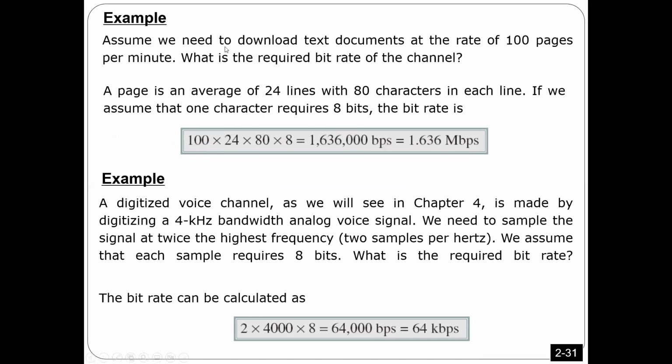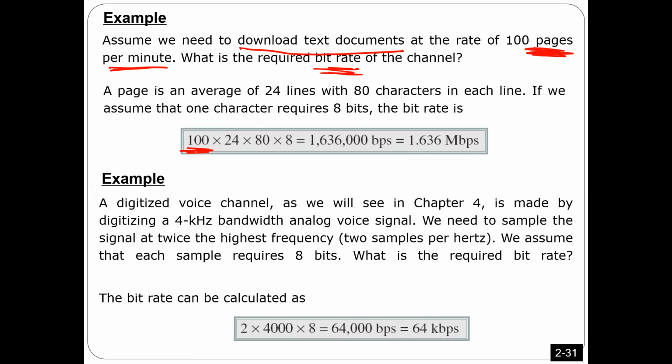So here in this example, I want to download a document, and this document is going to have 100 pages per minute. 100 pages per minute, and then I'm going to ask you what is the bit rate I need to download it. Okay, look how I'm going to do it. Number one, I have 100 pages. Is that okay?